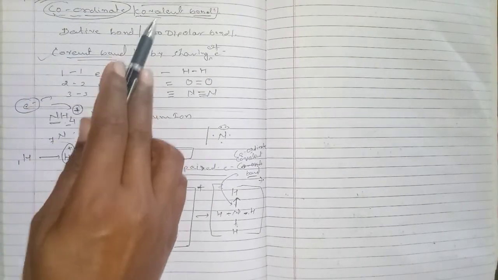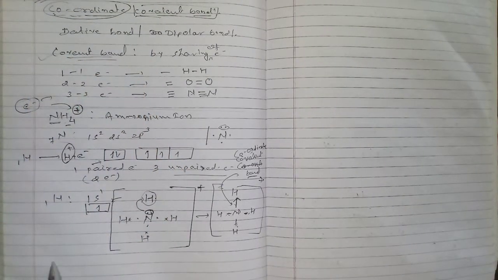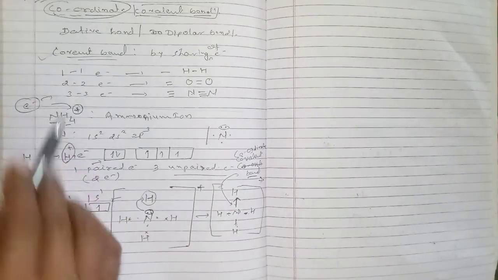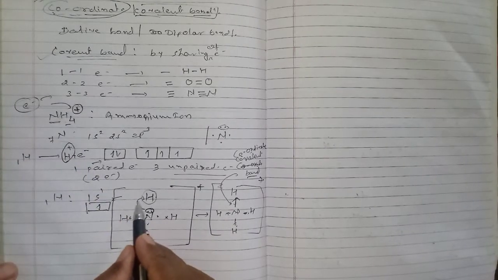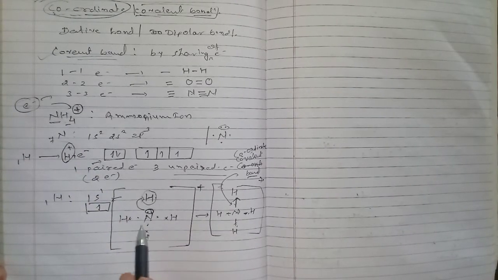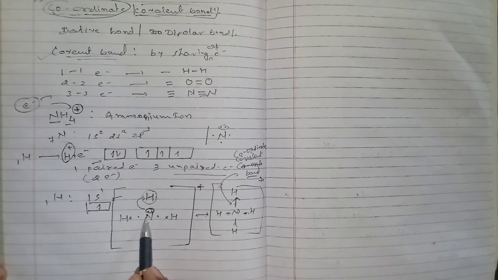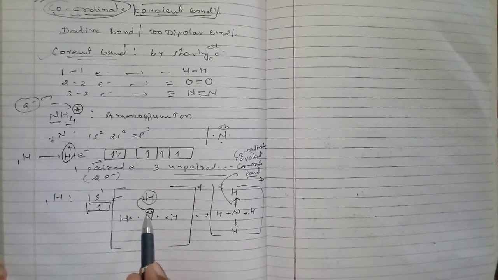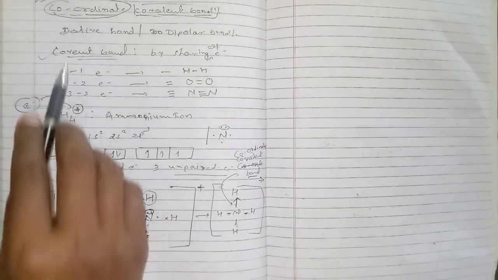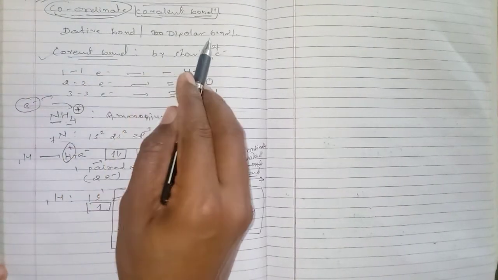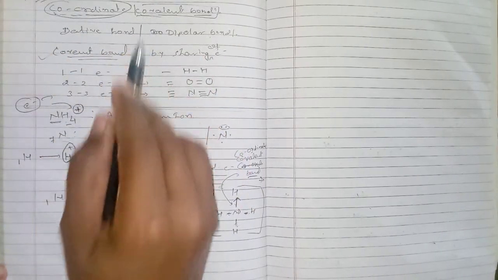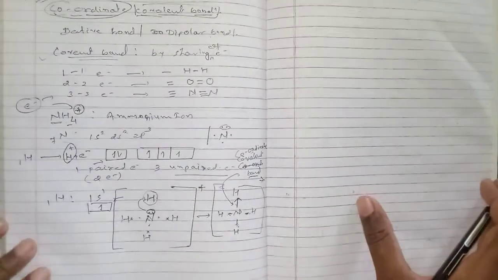So in simple words, a coordinate covalent bond is formed by sharing of an electron pair from a single atom only. Both shared electrons are donated by the same atom, and it is called a dative bond, dipolar bond, or coordinate covalent bond.